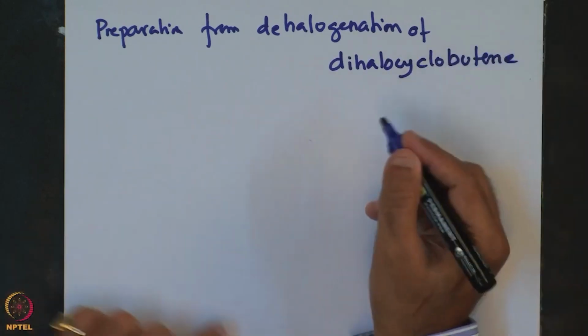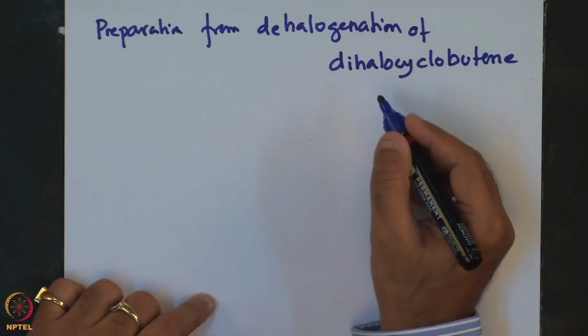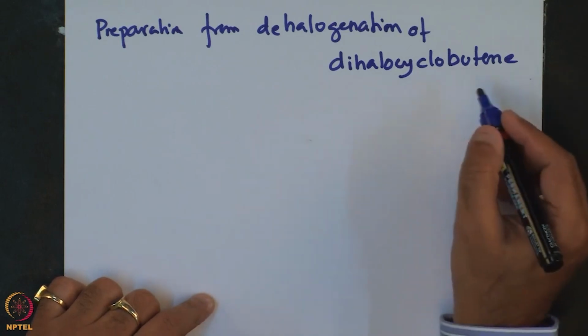So, this preparation is from dehalogenation of dihalocyclobutene.